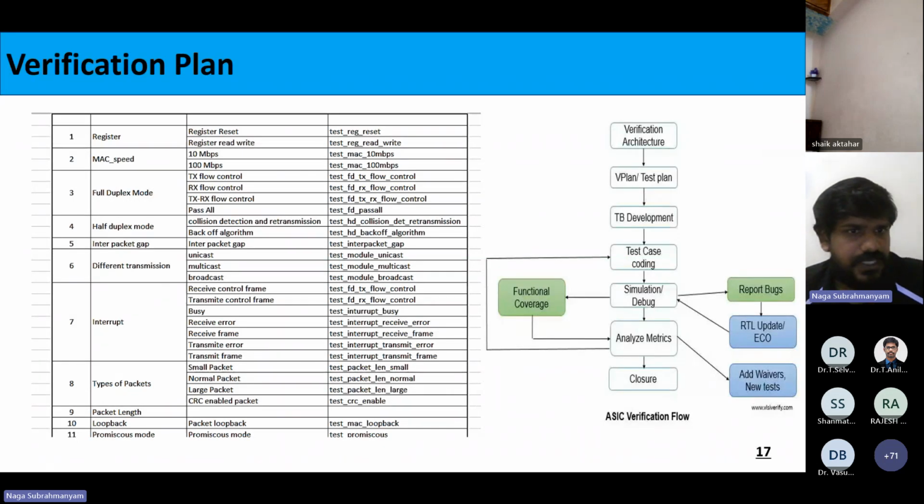Like that, so many things are there. Suppose I want to configure my Ethernet as unicast, meaning one Ethernet can communicate with another Ethernet. For that there is a register. I will put one data into the register, then I'll see whether Ethernet behaves like a unicast or not.